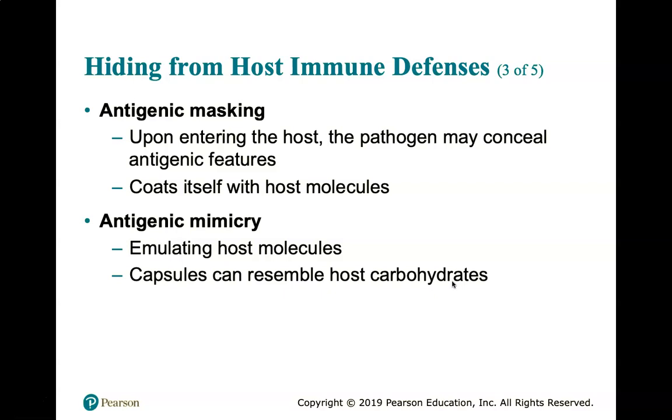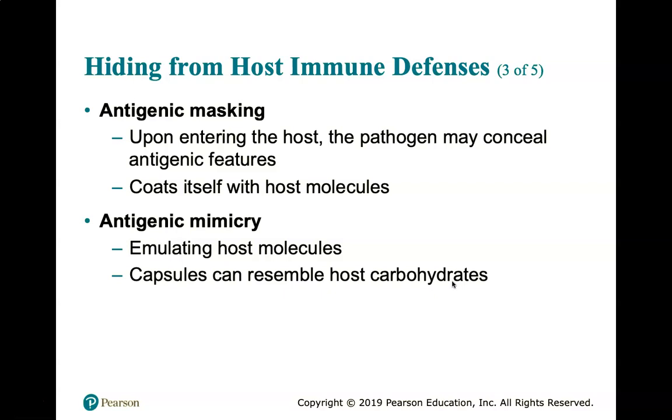So, with the original barcode, the immune system goes off and says, "Whoa, hey, we need to get rid of this thing we don't recognize." But if it coats itself in host molecules that the immune system does recognize, then it'll just pass by it and it really won't have an issue.